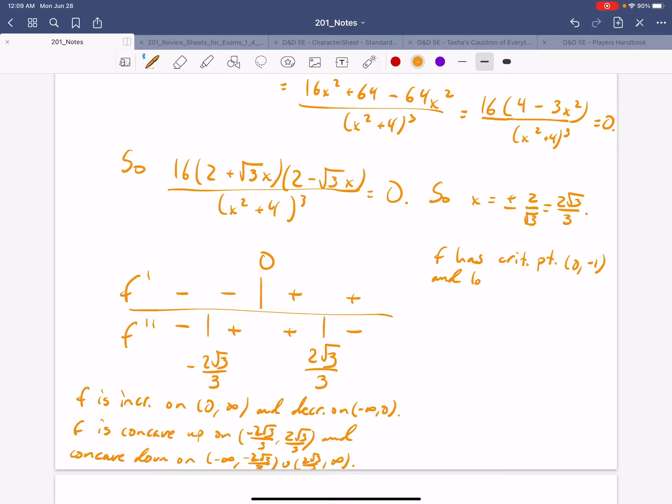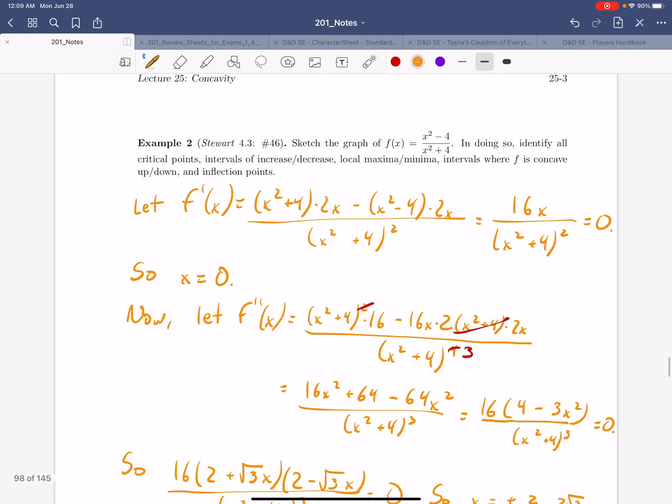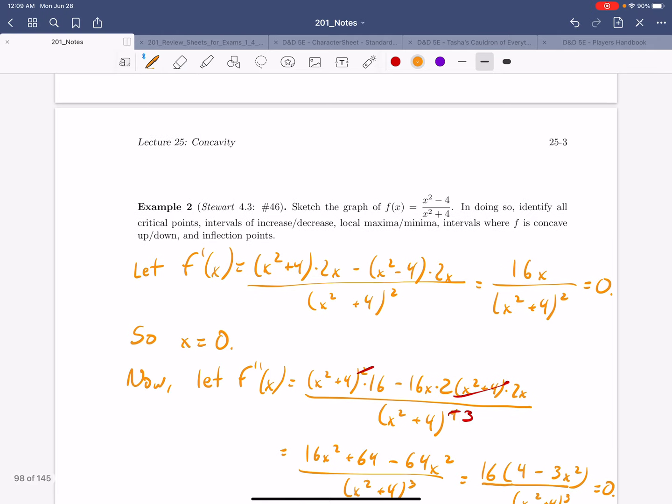And local min f of 0 equals negative 1. f has inflection points negative 2 root 3 over 3, comma, let's see what happens when you plug them in here.